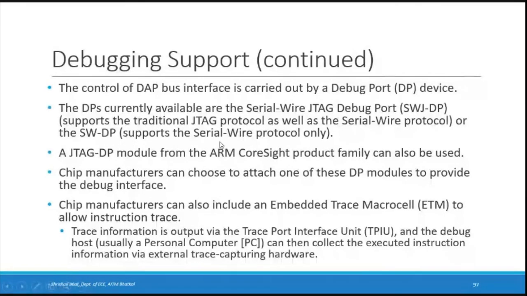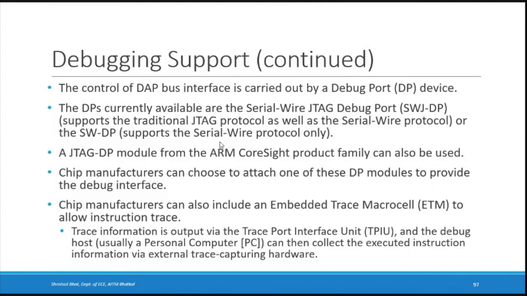A JTAG-DP module, the JTAG debug port from the ARM CoreSight product family, can also be used for debugging. The chip manufacturers can choose which one of these DP modules to provide the debug interface.